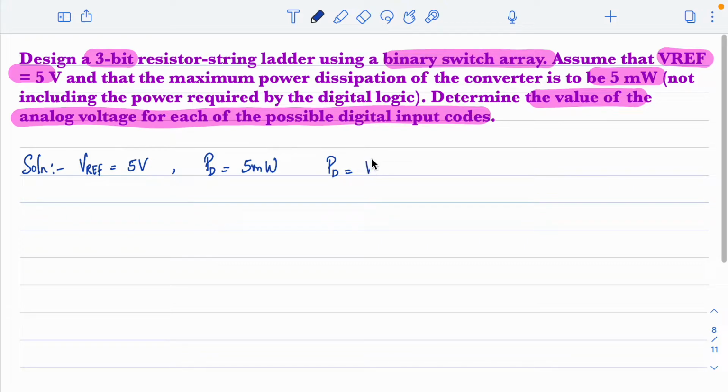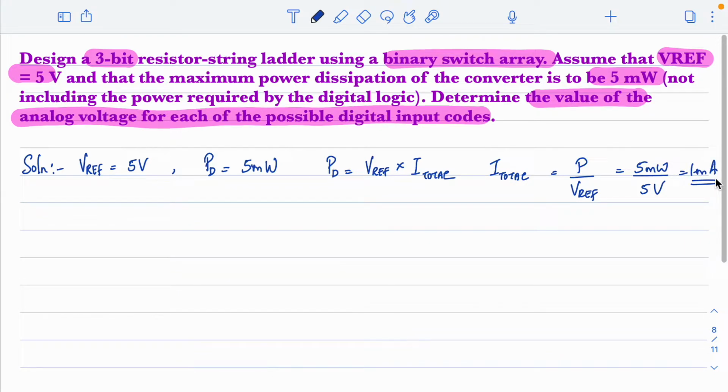So I can take VDD, which is nothing but this reference voltage, times the total current flowing in the circuit, I total. From this we get the maximum current available. So I total is equal to power dissipation divided by reference voltage. That is 5 milliwatt divided by 5, which gives you 1 milliampere as the total current in the circuit.